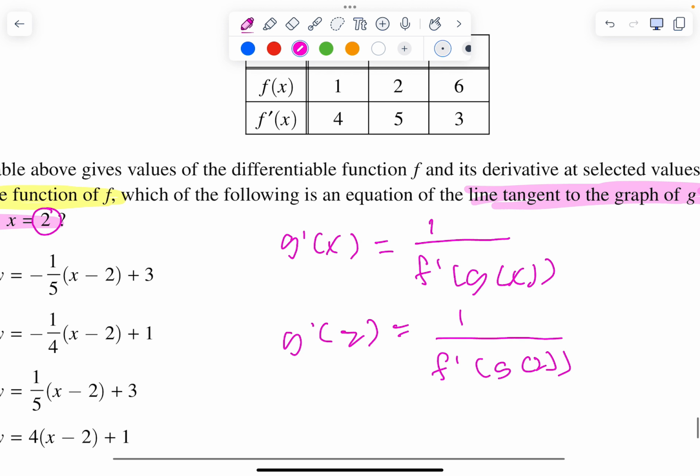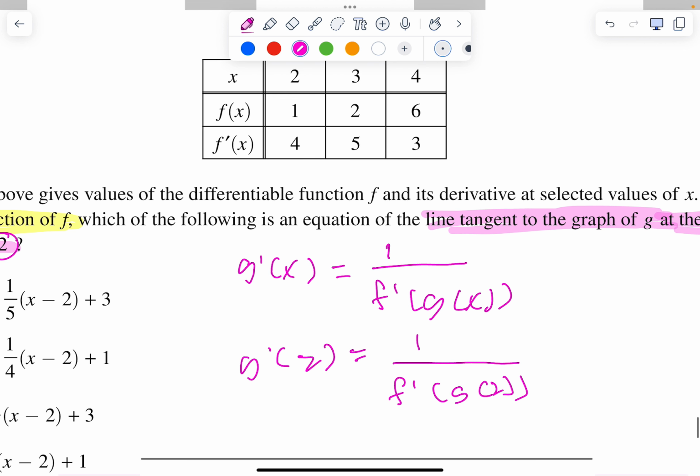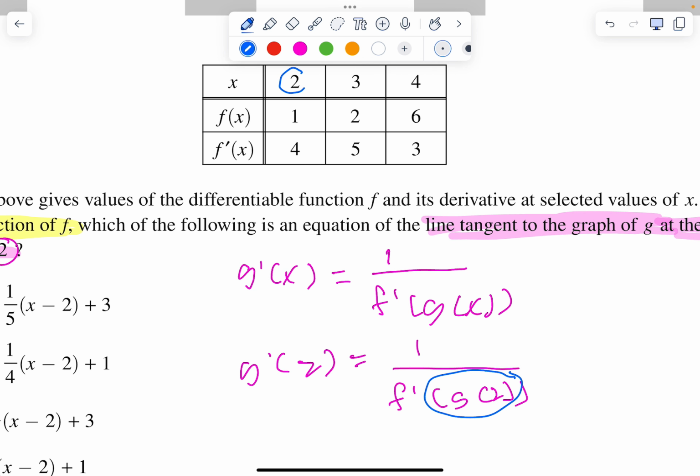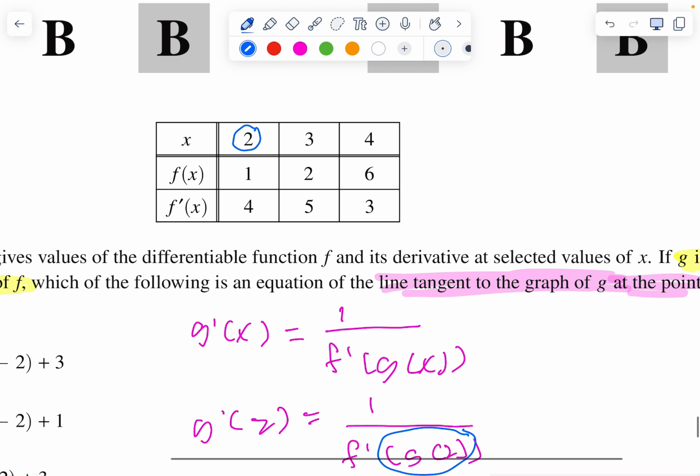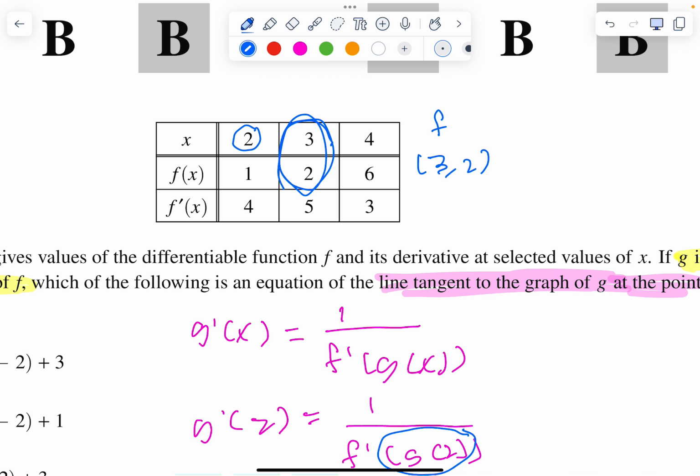Now go into our table. We're looking for the inside first right here. What value am I looking for on the x? 2? Ooh, do I have the value of 2 at all? At 2, do I have a g function? Oh, so because they're inverses, write this down. If this is determining our f graph, we have 3, 2. Do we all see where I'm getting 3, 2 from right here?